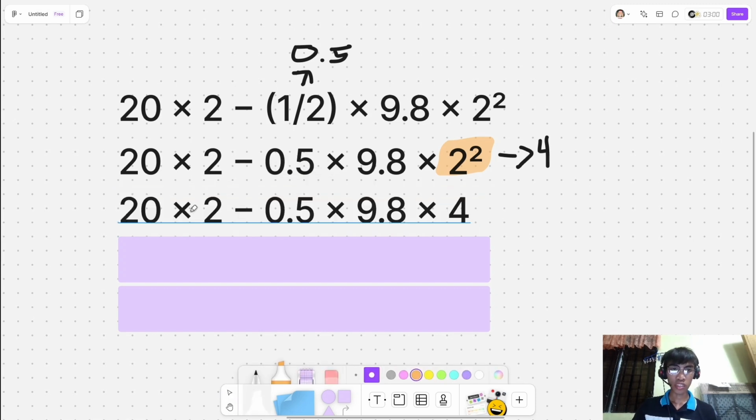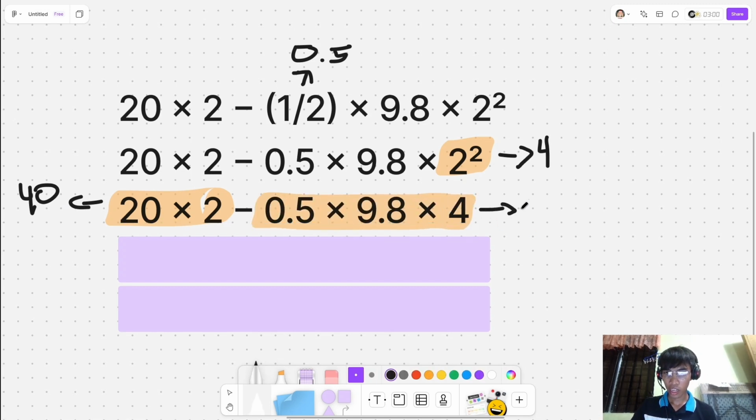Next in the equation is the multiplications. So 20 times 2 comes out to 40. And then the product of these three numbers is 19.6.